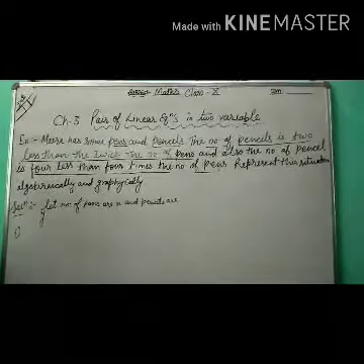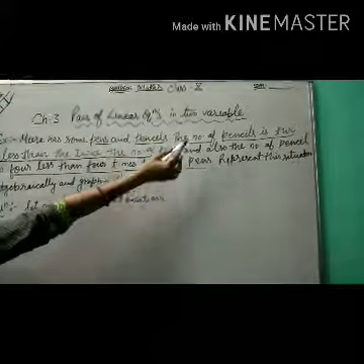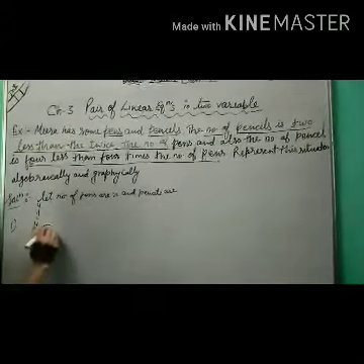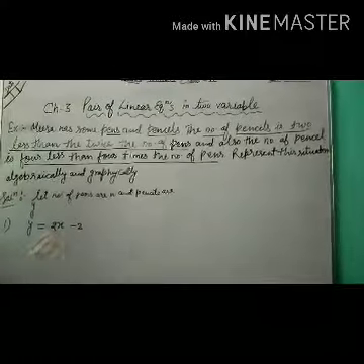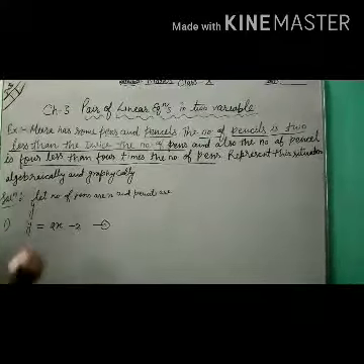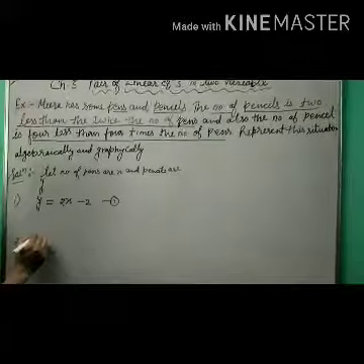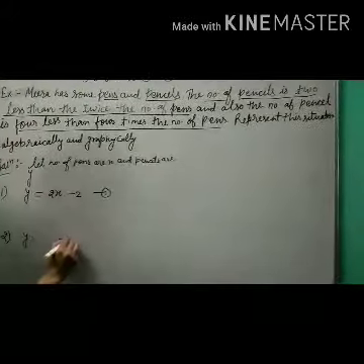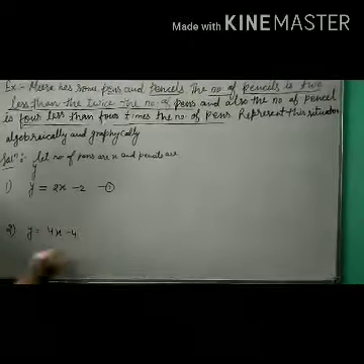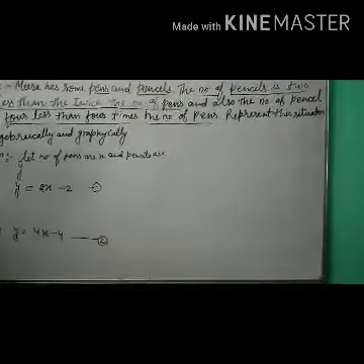The first condition: the number of pencils is 2 less than twice the number of pens. This is equation number 1. And in the second condition, the number of pencils is 4 less than 4 times the number of pens. So we have two equations here.